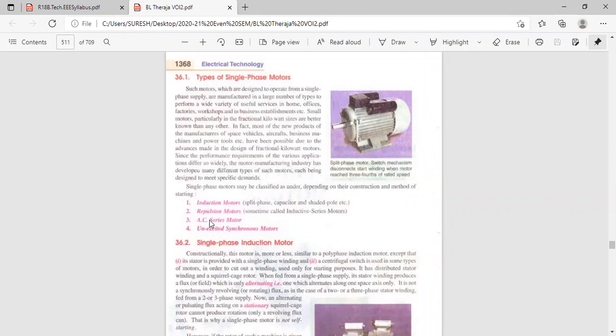There are four types actually. In your syllabus, you have only the single-phase induction motor, split phase and capacitor start. We'll discuss only split phase and capacitor start single-phase induction motor. These two types only. Shaded pole is not in your syllabus.